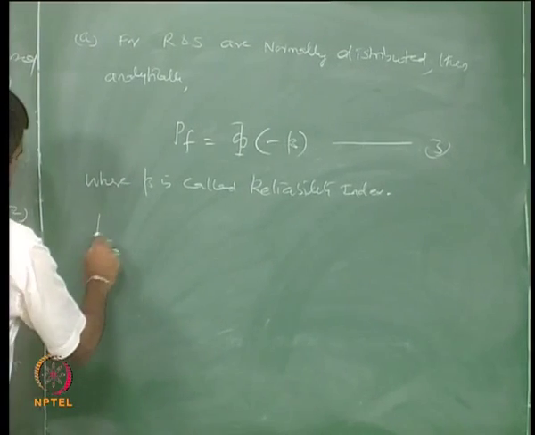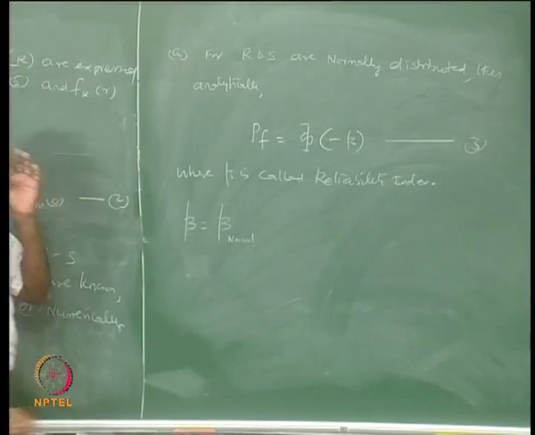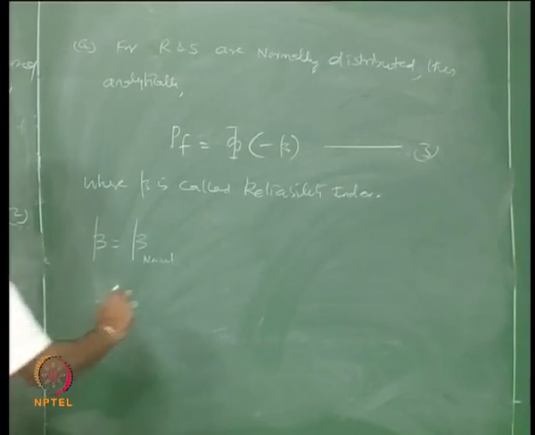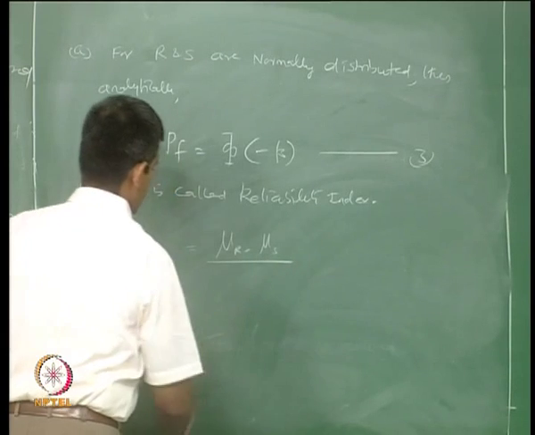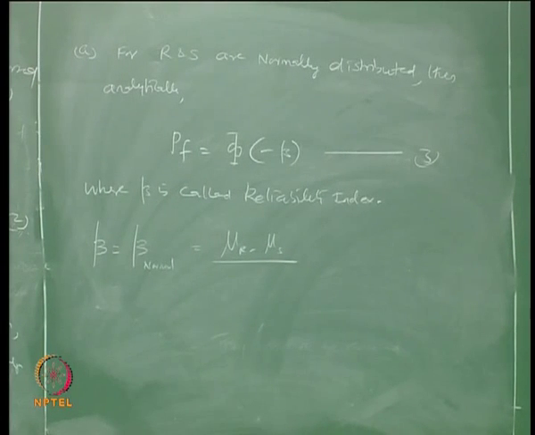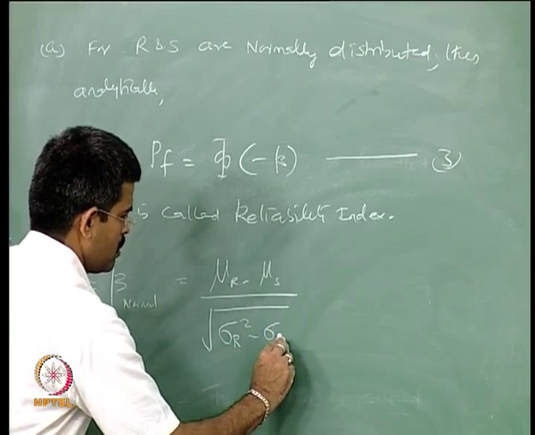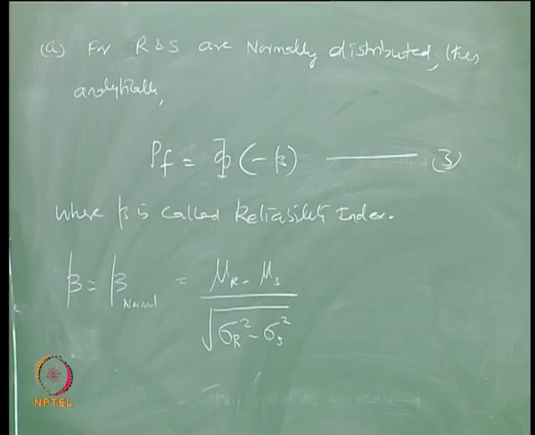So, I should say beta for normal distribution is given by mu r minus mu s by root of sigma r square minus sigma s square. Equation number 4.